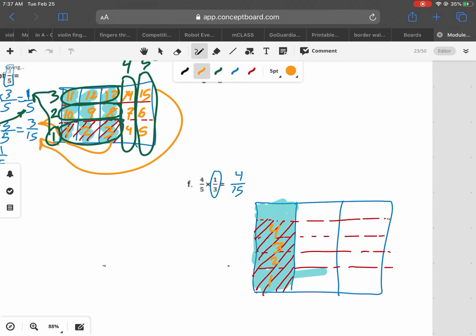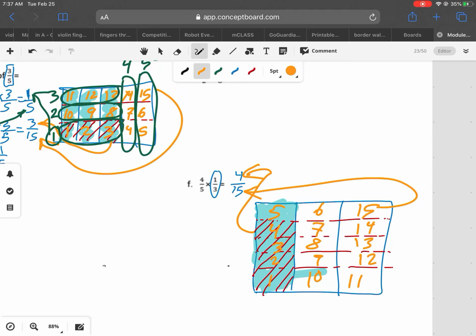Okay, and hopefully you see there's 1, 2, 3, 4 that are shaded in. 5, 6, 7, 8, 9, mistake there, 10, 11, 12, 13, 14, 15. That's this one here.